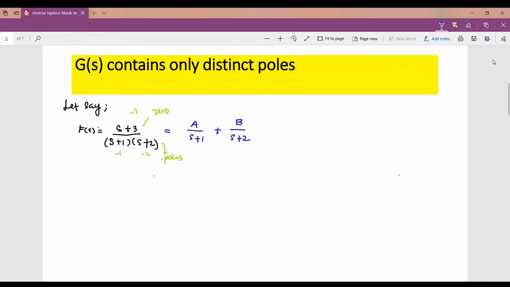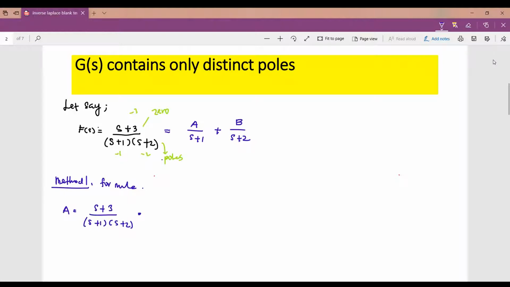To calculate the values of A and B, there are two methods. Both methods I will explain to you. The first method is by using a formula. To find A, you need to copy the whole F(s), which is s plus 1 and then s plus 2.